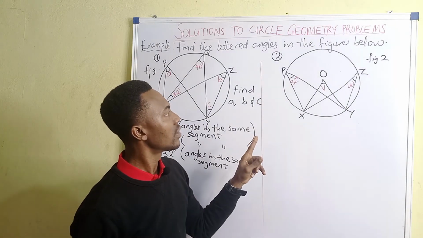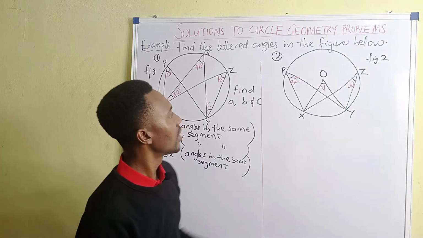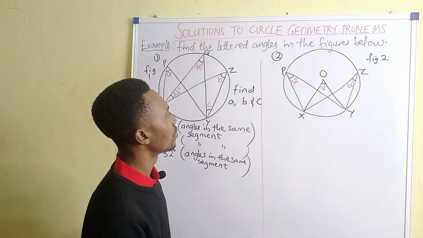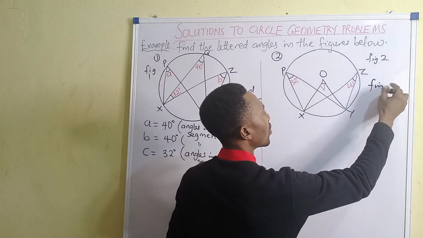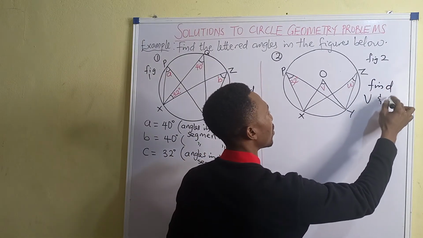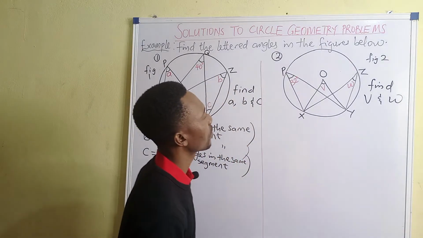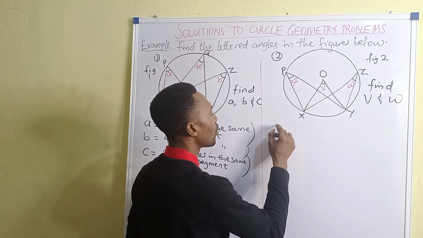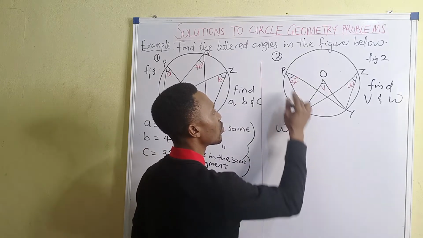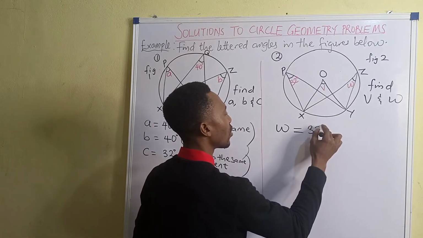We're going to be applying two theorems here. We have to find V and W. Now, what do you observe in W? W will be equal to 32 degrees. Why?